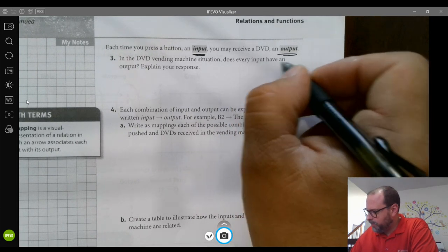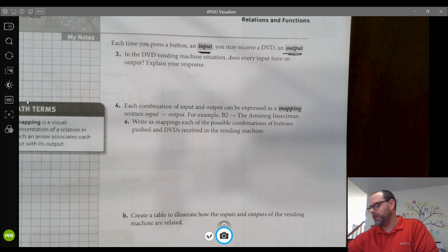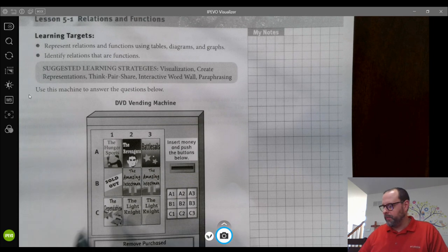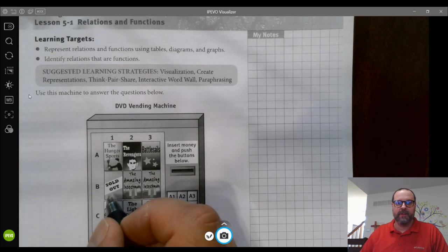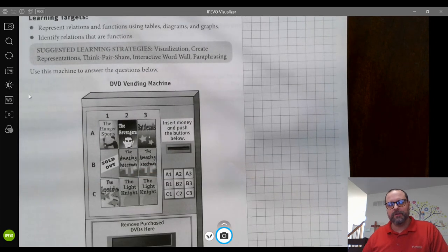Okay, does every input have an output on that DVD machine? Well, almost. Take a look at it real quick. And if we look at that, we say, okay, all of them but one really has an output. Hopefully we realize Sold Out is not a movie. Maybe it is. I'd have to look it up and see if there is an actual movie named Sold Out.